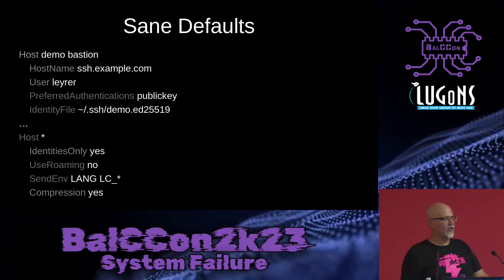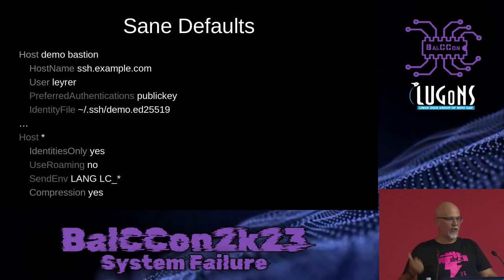What happens at some servers, or most servers, is it will freeze up after 3 attempts and will just go away, right? And will block you. So what IdentitiesOnly yes means is it will only throw the identity that you configured for that host to the server, which is best practices because you're not leaking information, and of course you're not overwhelming the poor server, and so on and so forth.